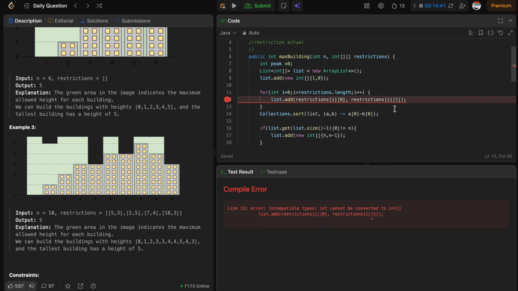List. What is the issue? Incomplete, int cannot be converted to. Okay. We don't need to do anything here. Yeah, this will suffice.